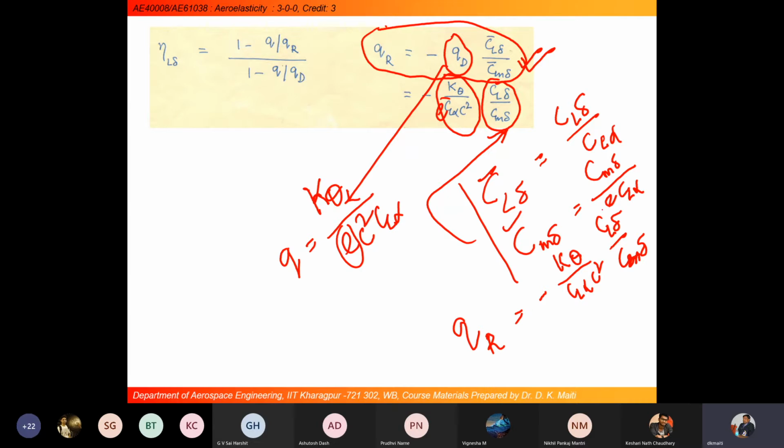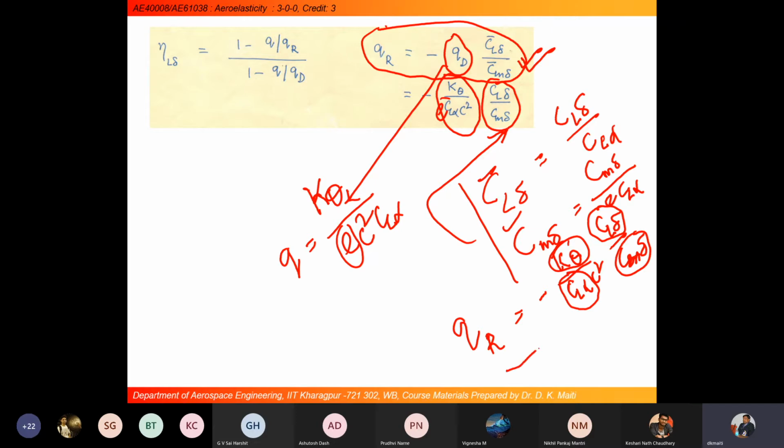You need to get the aerodynamic coefficients, these two coefficients, Cl delta and Cm delta. K theta is already known to us, and Cl alpha, c square. This is another lift coefficient we need, and the chord length.